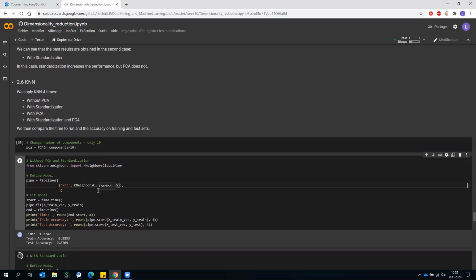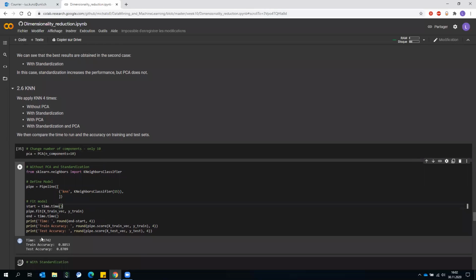In the case without standardization and without PCA, we can see that the time is like 1 second 27, and the accuracy is quite low, just above the base rate. So it's not so great.